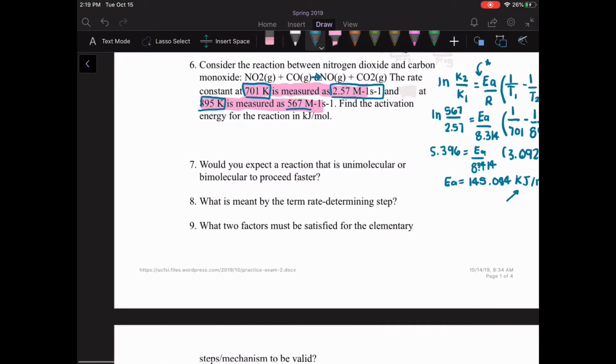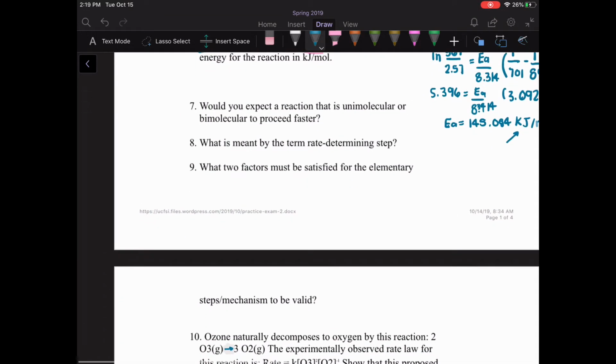All right. Moving on, would you expect a reaction that is unimolecular or bimolecular to proceed faster? So by unimolecular and bimolecular, let's say something that's unimolecular would be like a decay. So let's consider the decay of water, like H2O to form H positive plus OH negative, which is just the autoionization of water, which you'll get into in chapter 16, or I guess chapter 17.